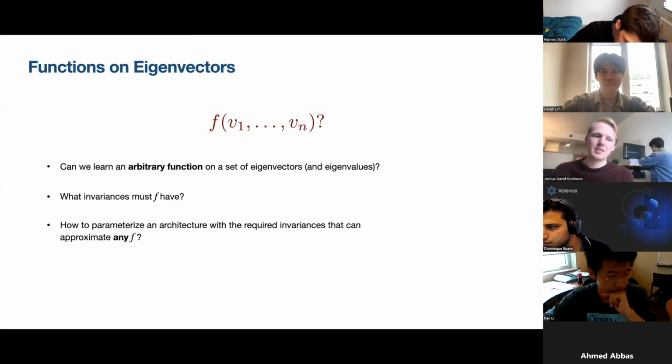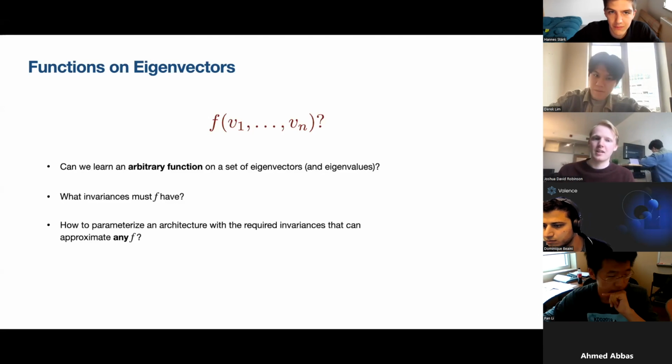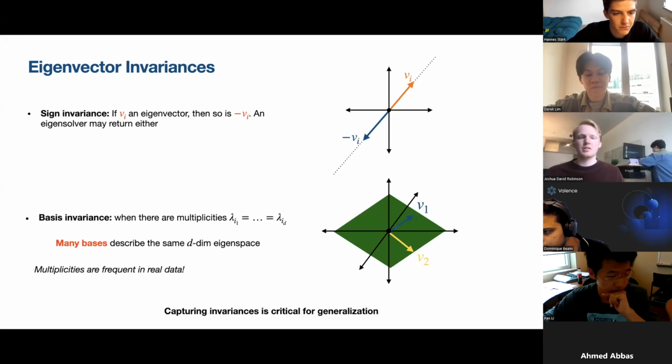And then once we've answered that, we'll move on to the question of how to parameterize neural network architectures that have these required invariances built in so that they don't have to be learned by the model, and that are still universal in the sense they are able to approximate any function f defined on eigenvectors. So what symmetries do eigenvectors have? The first and most simple is sign invariance.